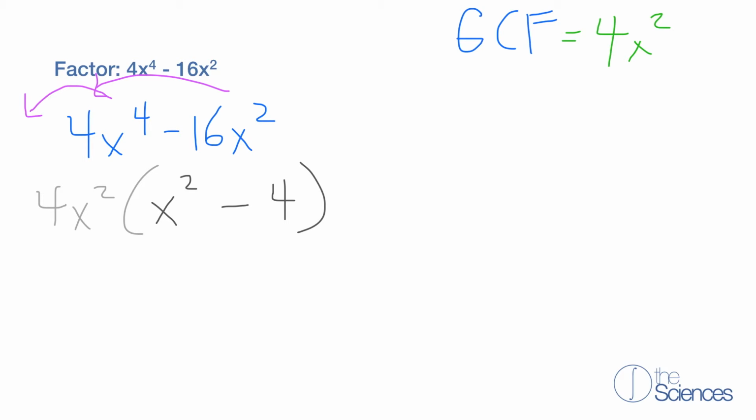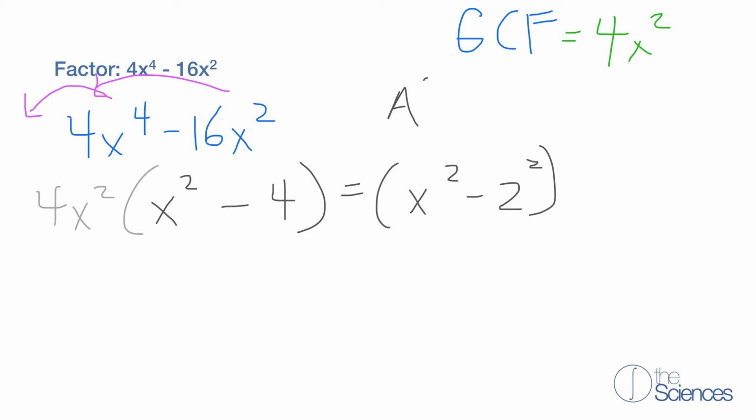So now we're going to look at this term. We can see that we have the difference of two squares. So what we're going to do is factor this out. So the difference of two squares is x squared minus 2 squared.